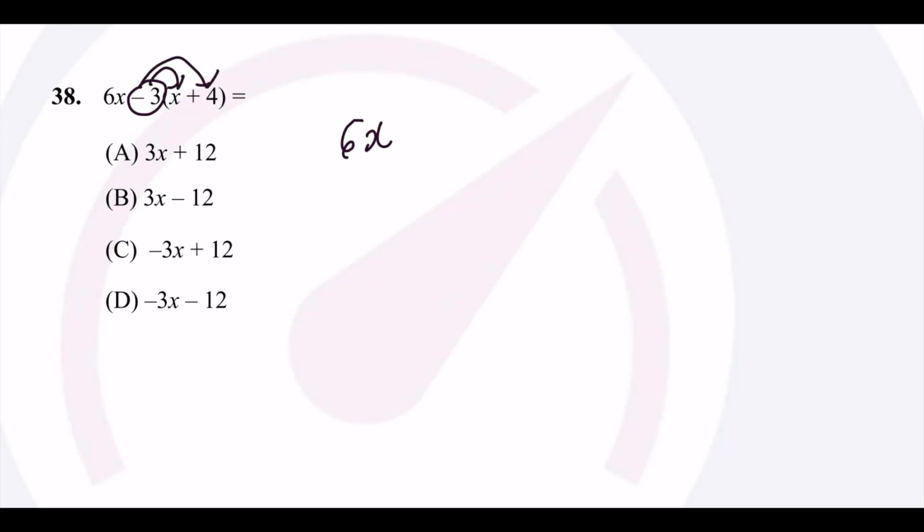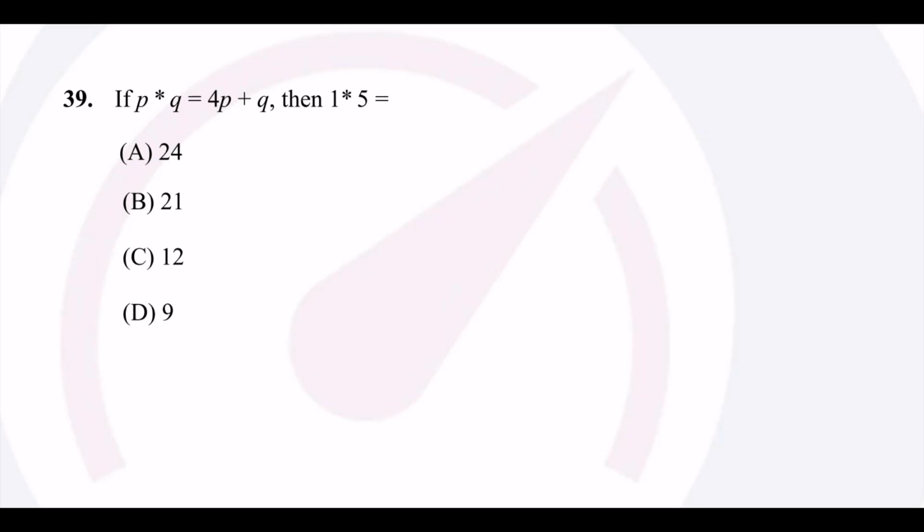Negative 3 times x gives us negative 3x, and negative 3 times positive 4 gives us negative 12. Grouping our like terms, 6x minus 3x gives us 3x minus 12. We could factorize our answer, but there's not a factored answer there. So hence the answer that matches would be B.